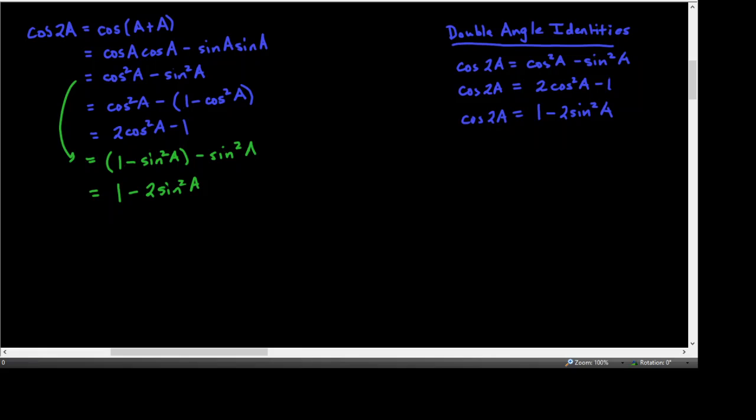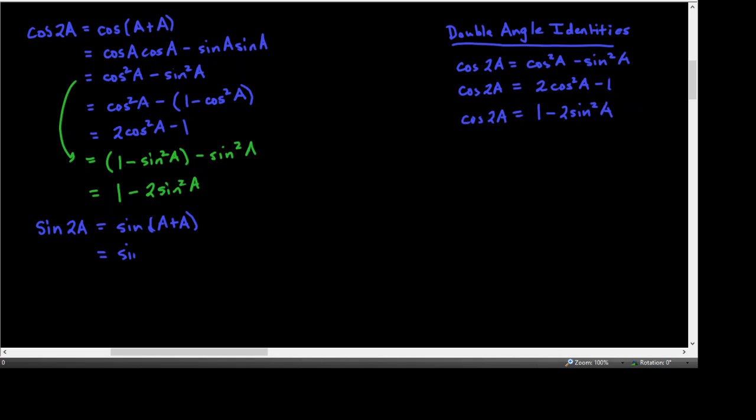All right. So now, let's do sine of 2A the same way. So I'd like for you to pause and see if you can figure out what sine of 2A is all by yourself. Okay, hopefully you thought of using A plus A to replace the 2A so that you can use the sine of a sum formula.